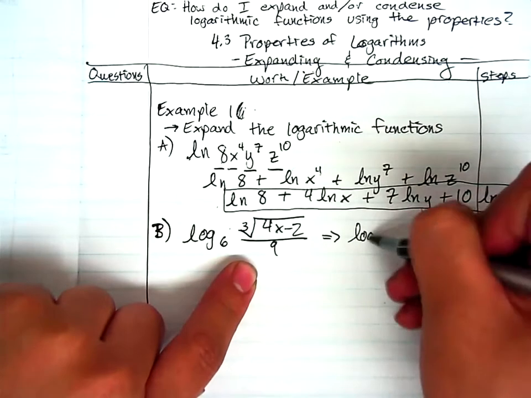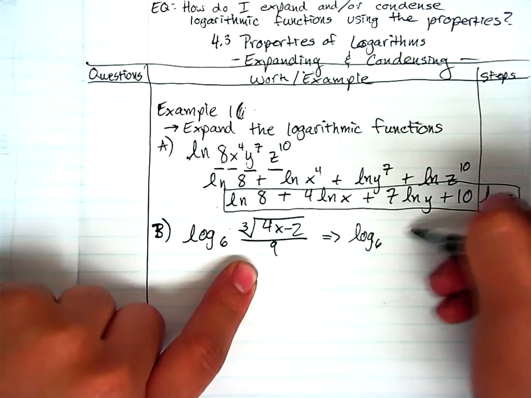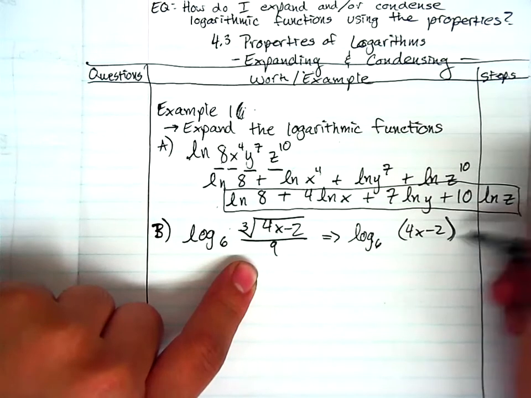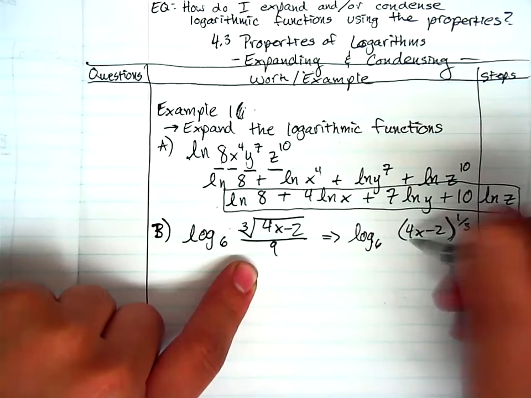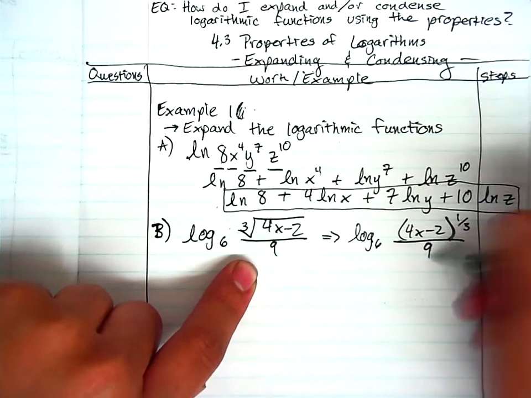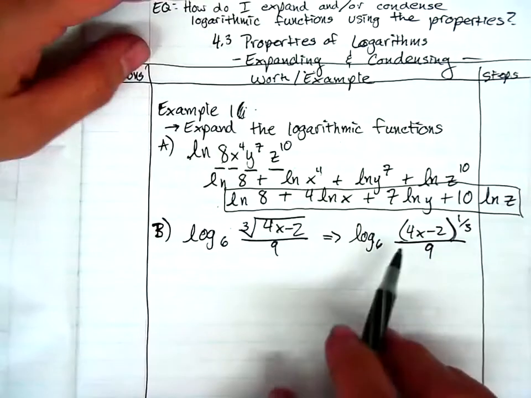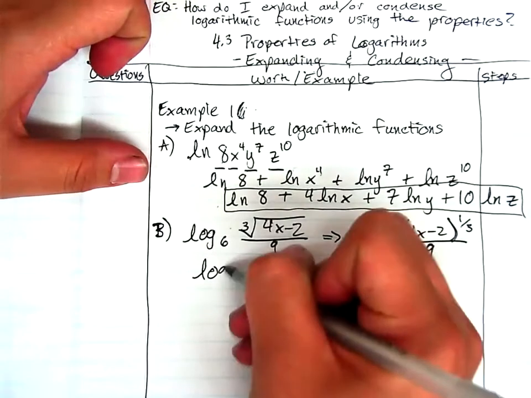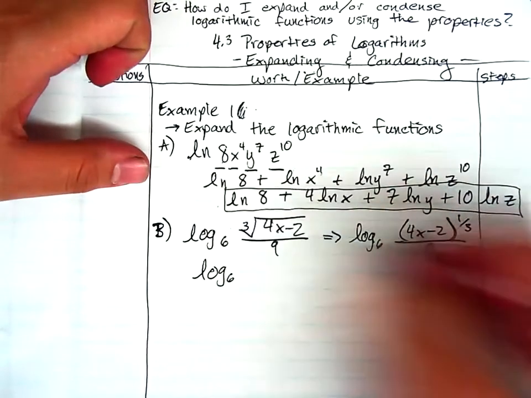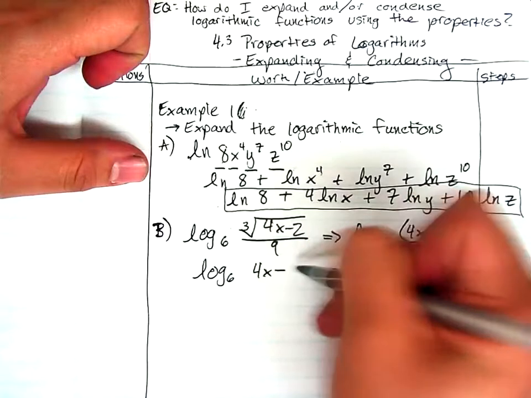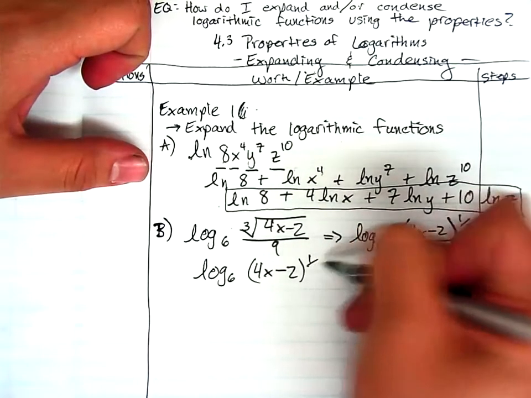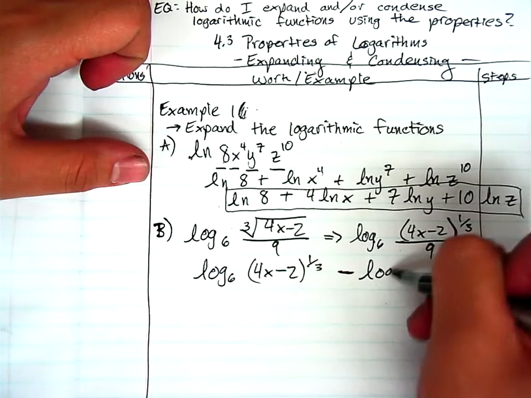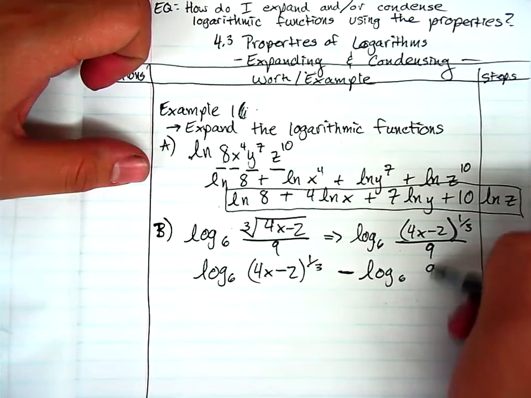So here I have log base 6 of 4x minus 2, all of this raised to the 1/3 power, and then all of it is going to be over 9. So here I have a quotient, which means I'm going to end up with some subtraction. So log base 6 of 4x minus 2 to the 1/3, and then minus log base 6 of 9.